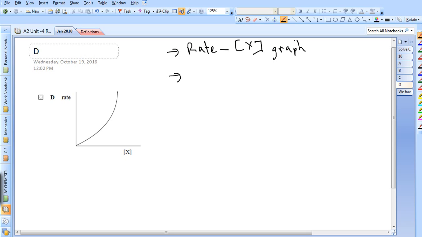Okay, I forgot to mention one thing. Order of the reaction determines the shape of the graph.